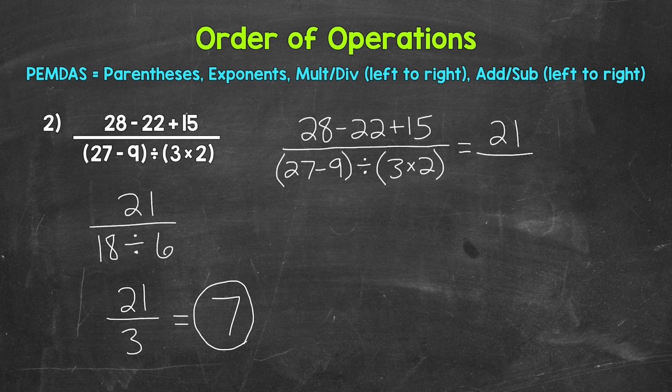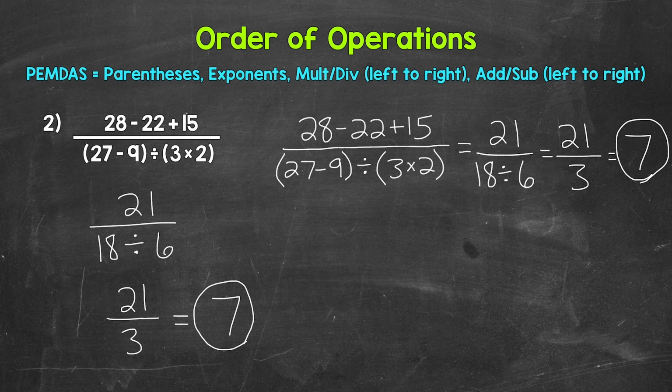Now for the bottom, and we will do each set of parentheses. We will start with 27 minus 9. That gives us 18. Divided by, and then the other set of parentheses, 3 times 2, gives us 6. So we have 21 over, and then 18 divided by 6 is 3. And we end with 21 divided by 3, which gives us a final answer of 7.